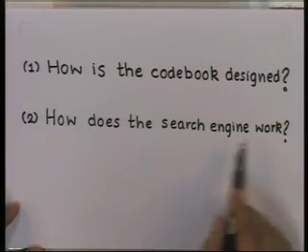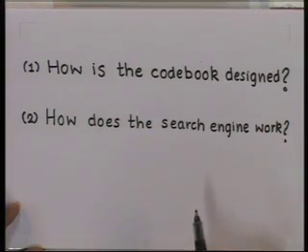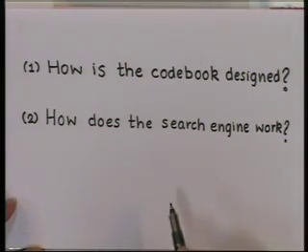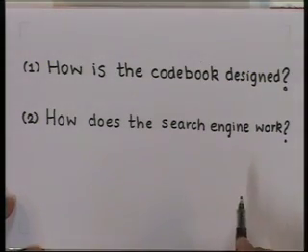Now, there are two important issues related to vector quantization, and these are: how is the code book designed and how does the search engine work. Before we make an attempt to answer these questions, let us briefly discuss the terminology associated with vector quantization.